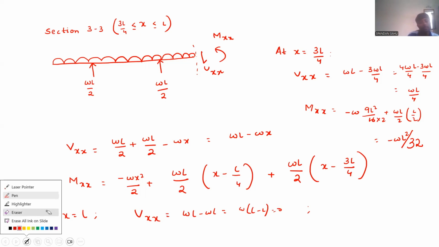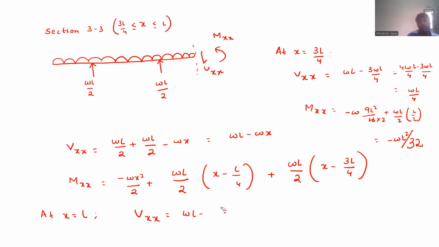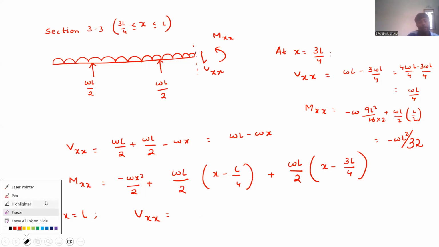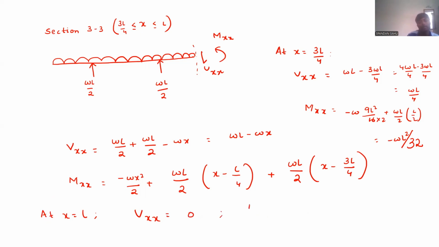Similarly, at x equal to L, what will be the value of Mxx you are getting? Just tell me. It will be minus WL square by 2 plus WL by 2 into L minus L by 4, plus WL by 2 into L minus 3L by 4.